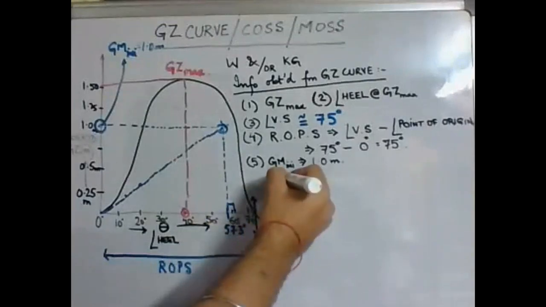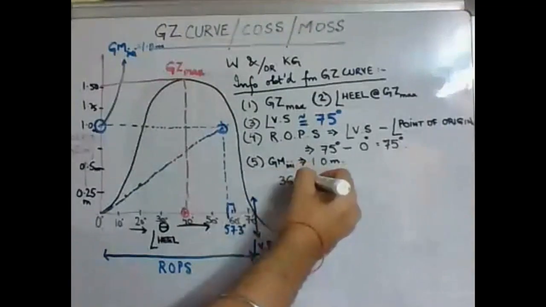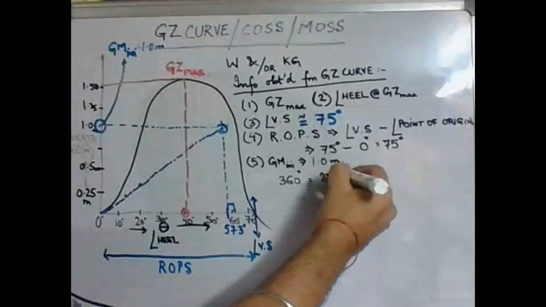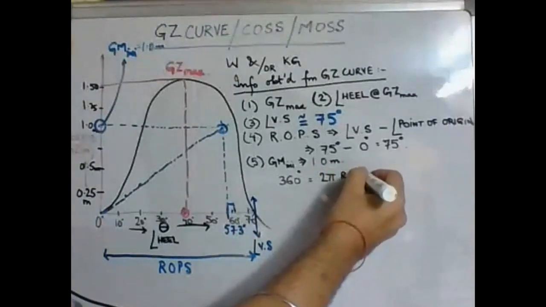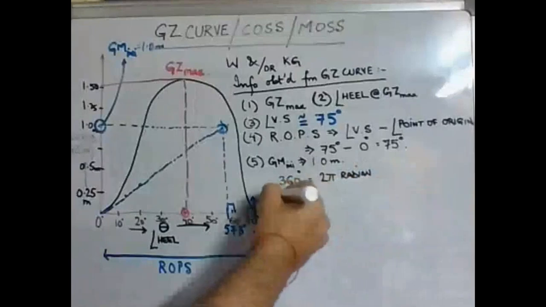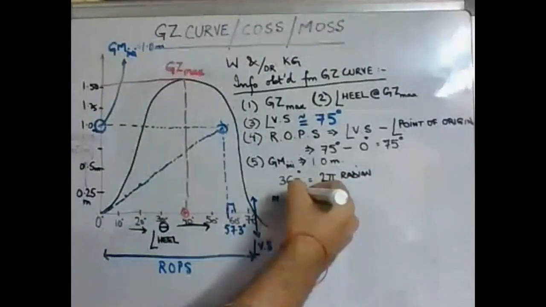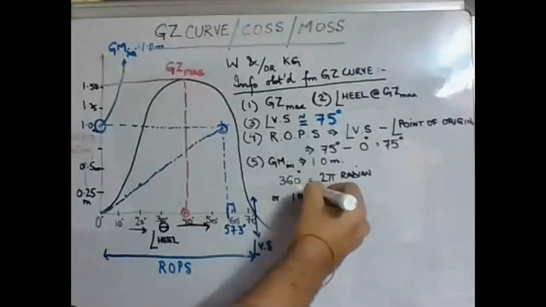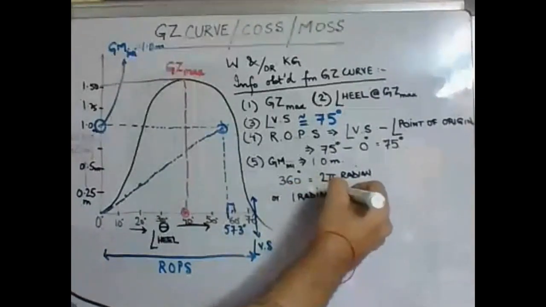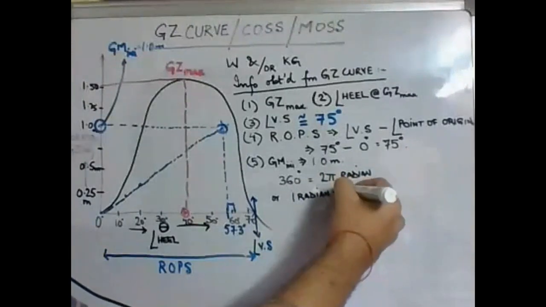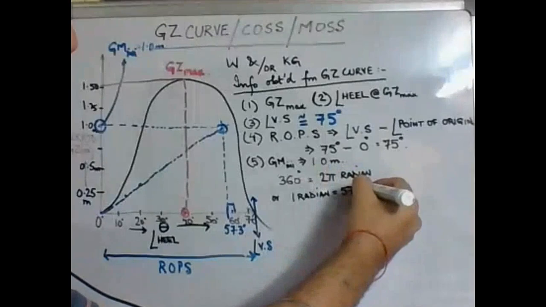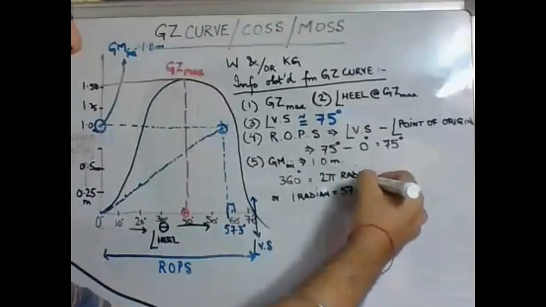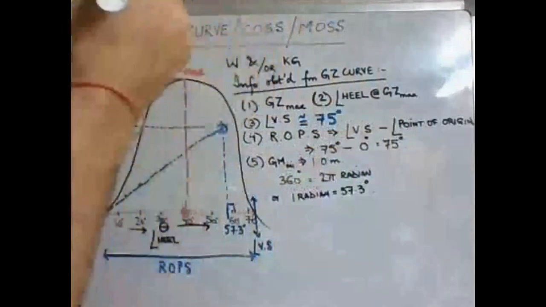I know 360 degrees is equal to 2 pi radian, so 1 radian is equal to 360 divided by 2 pi, 57.3 degrees.